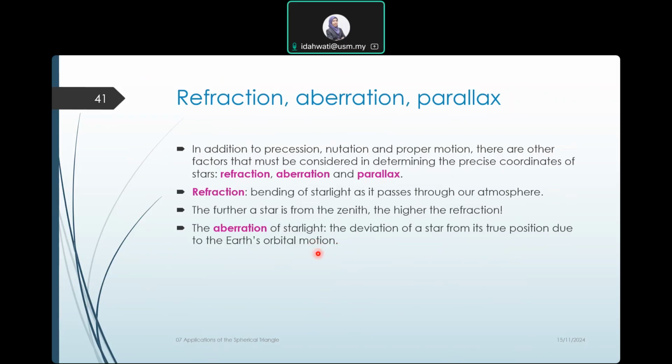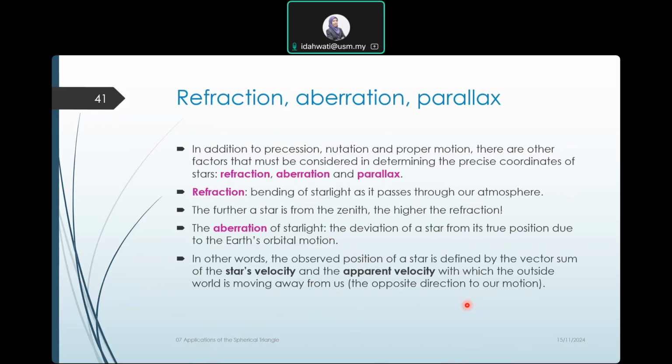Aberration of starlight is the deviation of a star from its true position due to Earth's orbital motion. In other words, the observed position of a star is defined by the vector sum of the star's velocity and the apparent velocity of the outside world moving away from us.